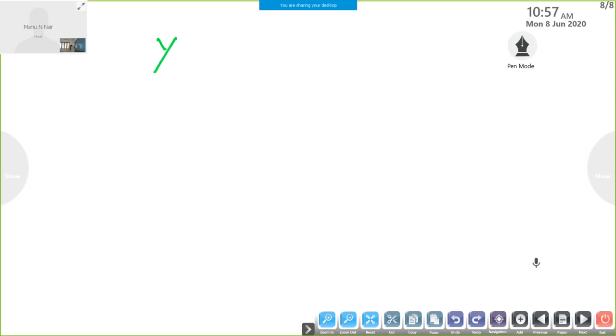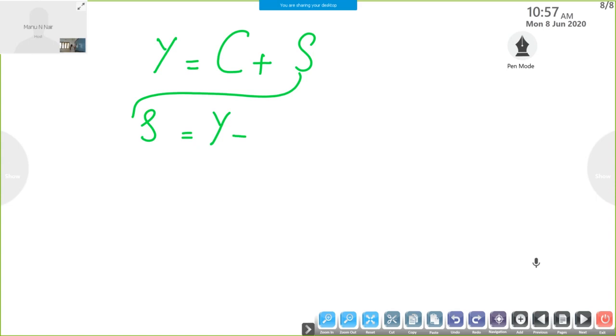So we can take the formula y is equal to C plus S. Then next, S is equal to y minus C. What is the next step? Substituting the consumption equation.